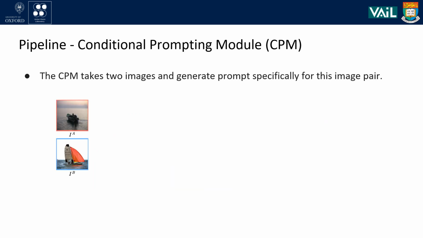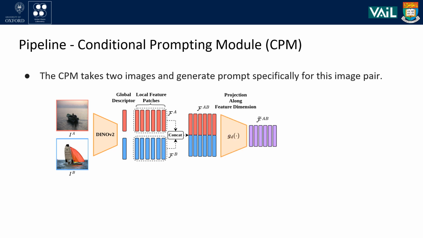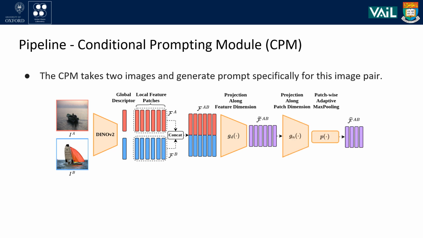Our CPM first uses DINOv2 to extract global and local features of two images. Next, we concatenate the local features of both images, using a single linear layer to mix them along the channel dimension, and a second linear layer to project the features along the patch dimension.